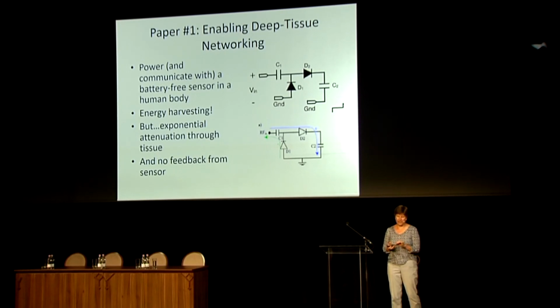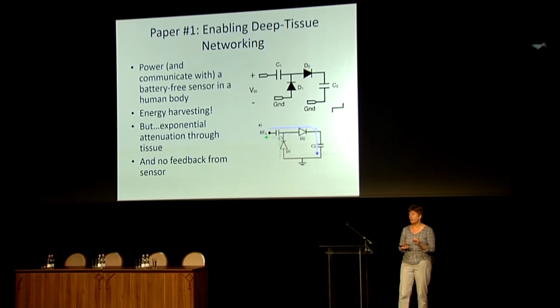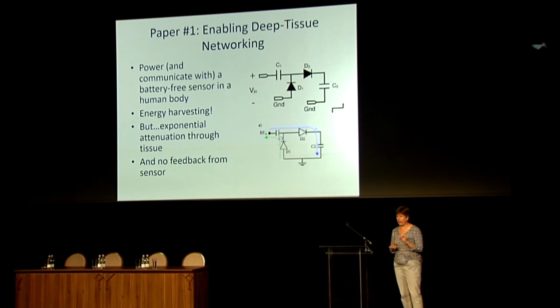So here the idea is there's a sensor inside the body. You don't know precisely where it is, so that's a challenge. You also can't communicate with it, because actually you're trying to power it. And so you have a rather challenging problem, and eventually you'll see beam forming, multiple beams, and trying to locate and power this device.